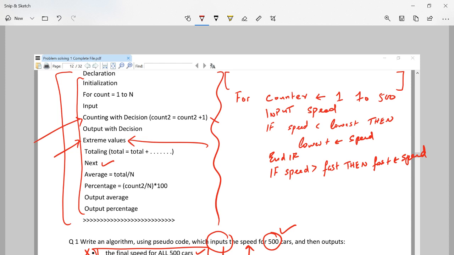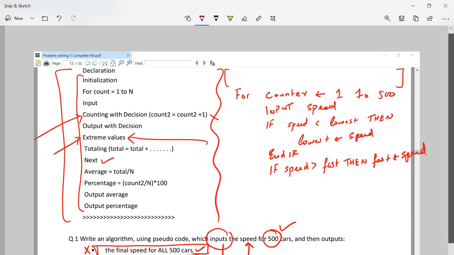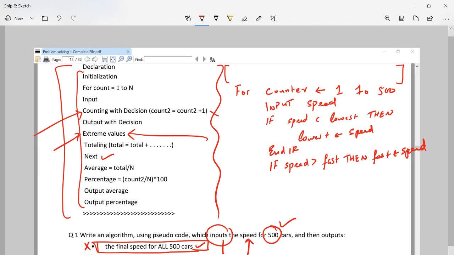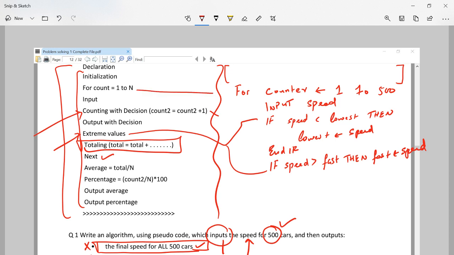The last one is the average final speed for all cars. Whenever they ask us for the average, it means we need to do the totaling as well. So this thing is done, this thing is done, this thing is done. These two weren't required. So by just referring to the format we're solving the question.